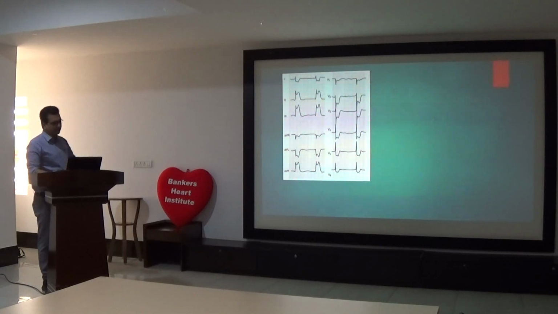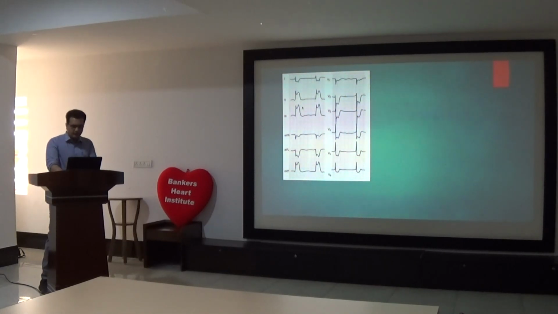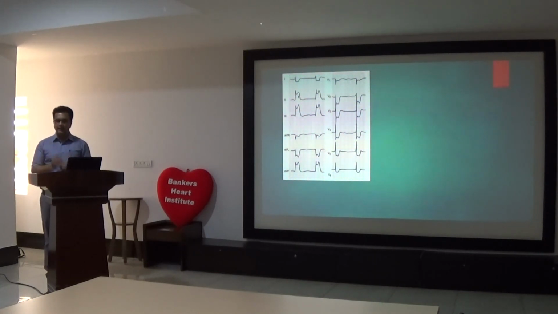In this ECG, the ST elevation is more in lead 3 than in lead 2. Therefore, the injury vector is directed towards lead 3. So the patient is right dominant, and the occlusion is in the right coronary artery and its branches.